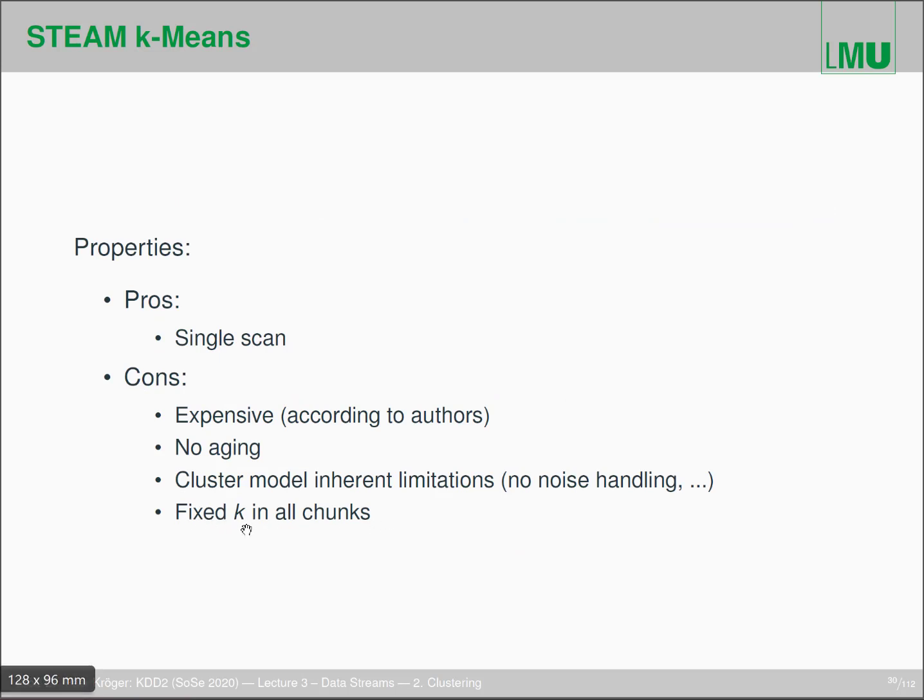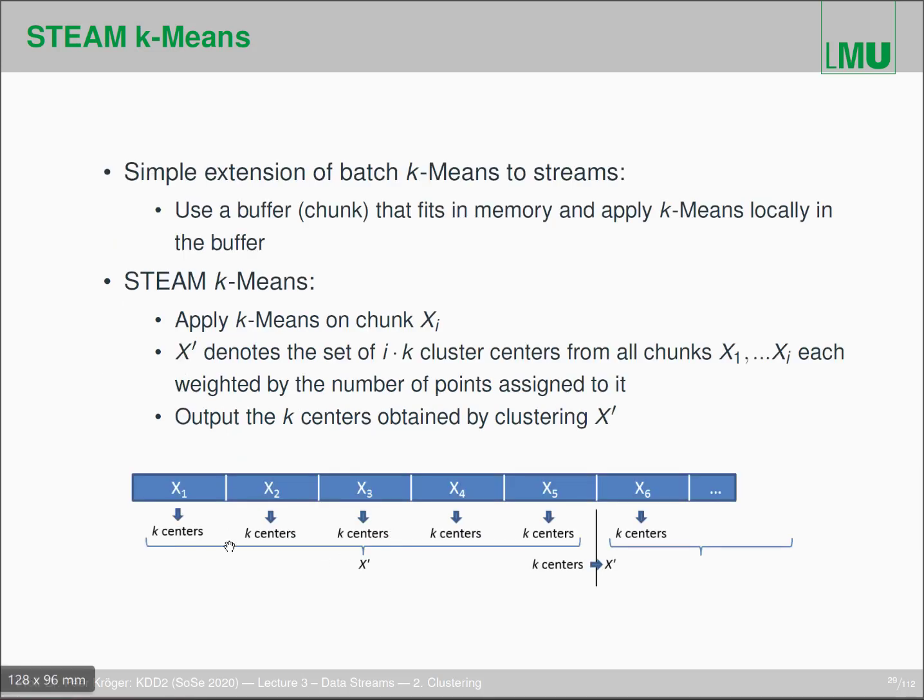So in that case, it's likely to be more reasonable to set k a little bit higher. Using a greater value for k ends up in a finer granular summarization, in which the cluster centers summarize the raw data, while a smaller k obviously returns a coarser approximation, a coarser summarization of the raw data.